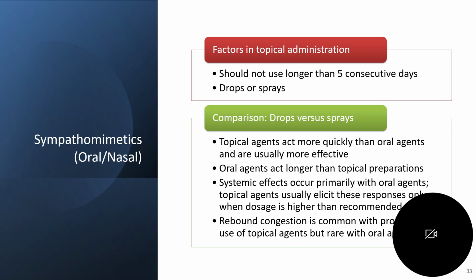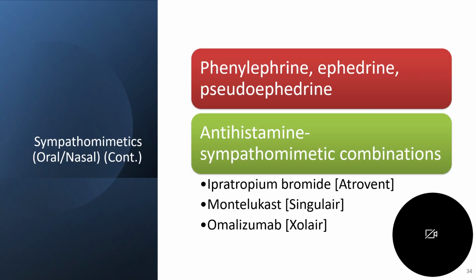And then that rebound congestion I talked about is generally from using the topical. So these are examples of those: phenylephrine, ephedrine, Sudafed. And then these are examples of antihistamine, and then combo, the sympathomimetic.